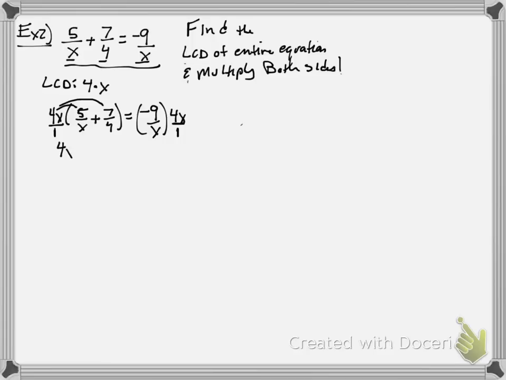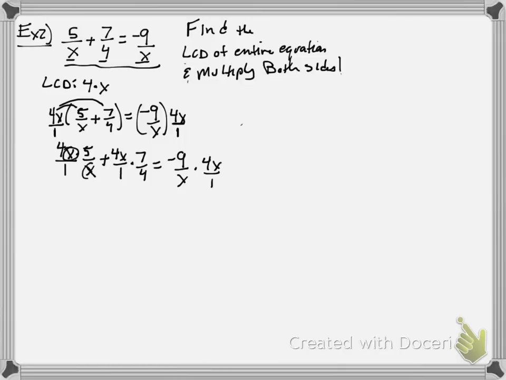I'm going to have 4x times 5 over x. Now remember, this is 4x over 1, so it's in the numerator. And then when I distribute the 4x to the 7 over 4, I have 4x over 1 times 7 over 4. And on this side, I already have negative 9 over x times 4x over 1. Now hopefully what you remembered, when you multiply fractions, guys, you can cancel common factors, right?